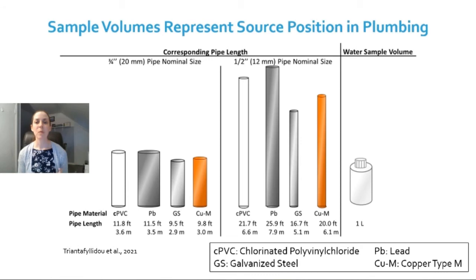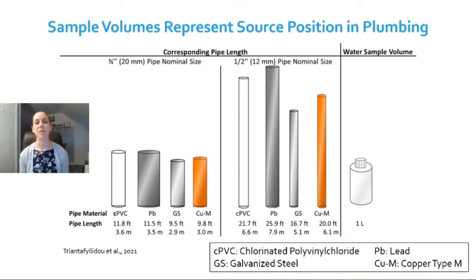And so where this is particularly important is, say from the faucet that you're sampling at, you're interested in the lead release from a water meter that is about 15 feet away, following the plumbing map, from the faucet. If you happen to have 3/4 inch copper and you take a 1 liter sample, you're only making it 9.8 feet into that length of plumbing.